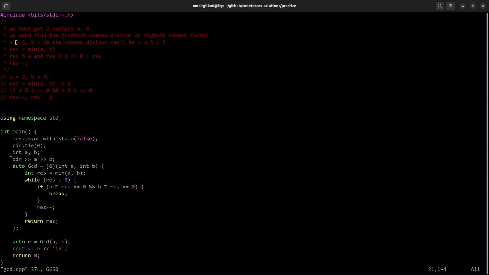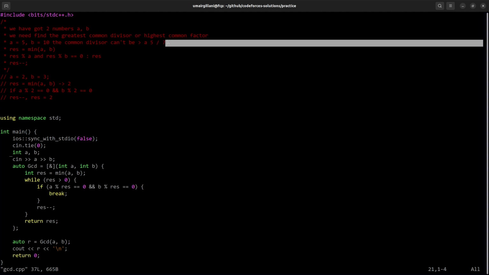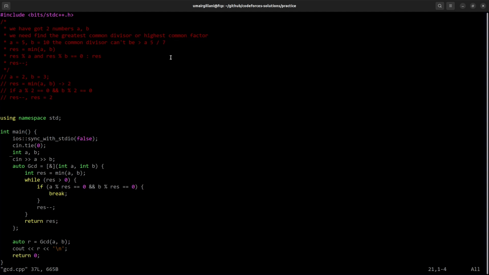Because, for example, if we have A equals 5 and B equals 10, the GCD cannot be 7, because when we divide 5 by 7, it's going to return something in fraction, which is not required. So we're going to start off with a number that is the minimum of both the numbers, and we're going to start a loop. First, we check whether this number divides both the numbers completely.